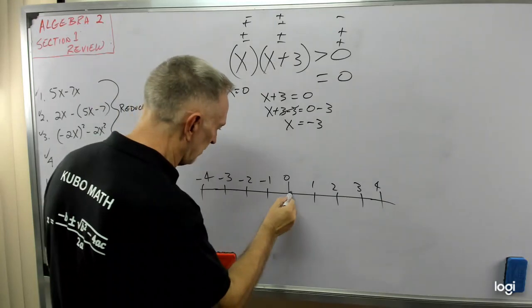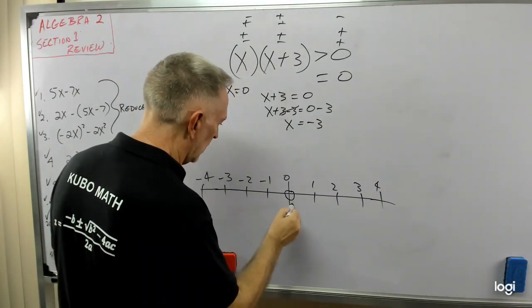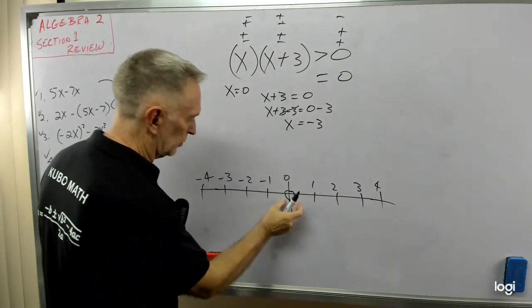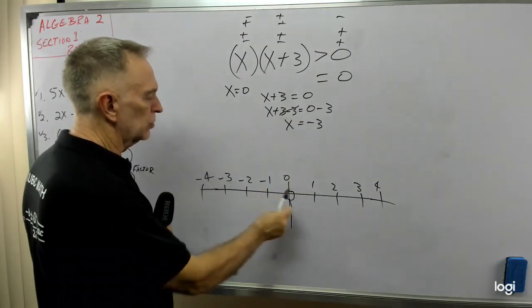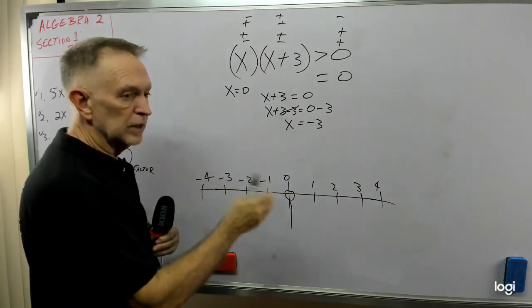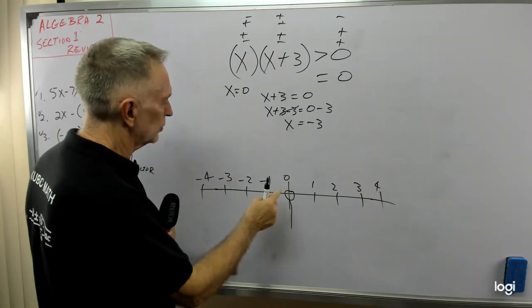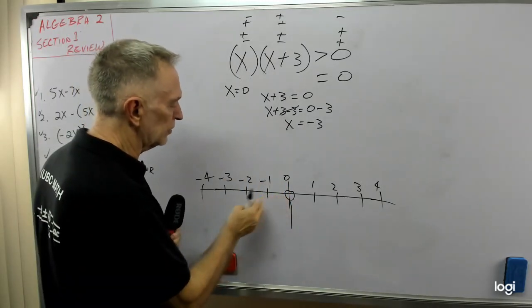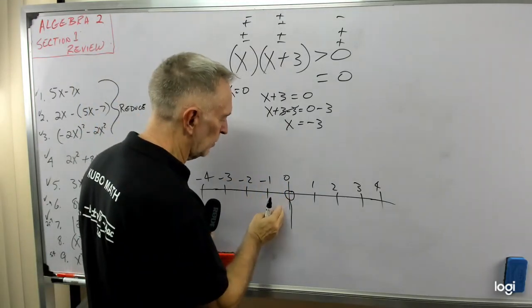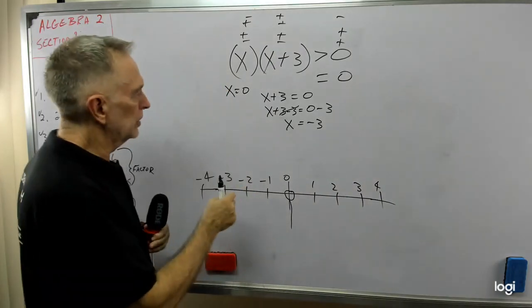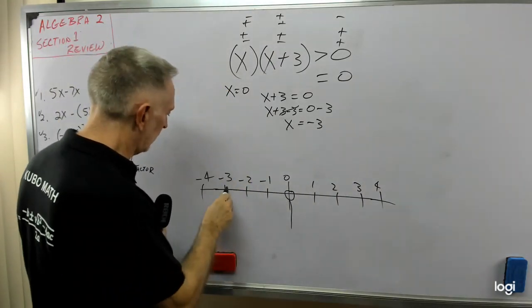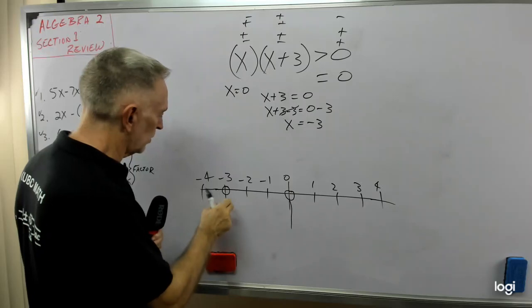All right, what does that mean on my number line? X cannot equal 0, so I'll put a circle, not a big dot, but a circle indicating that the answer can get close to 0, but it cannot equal 0. Same with negative 3. I'm going to put a large circle there.